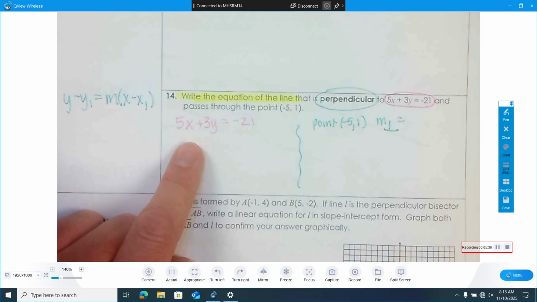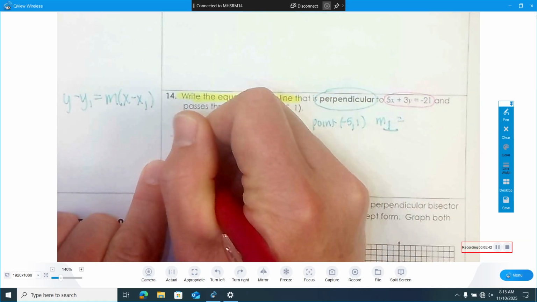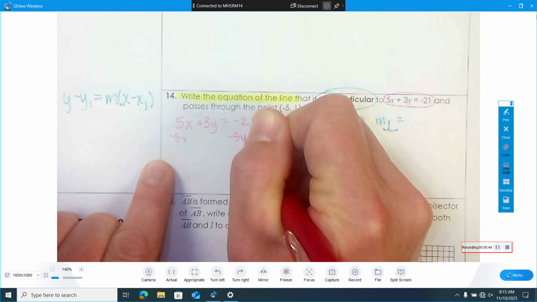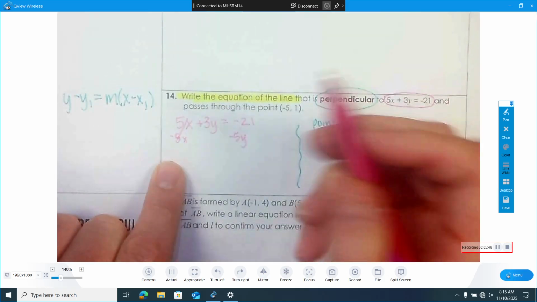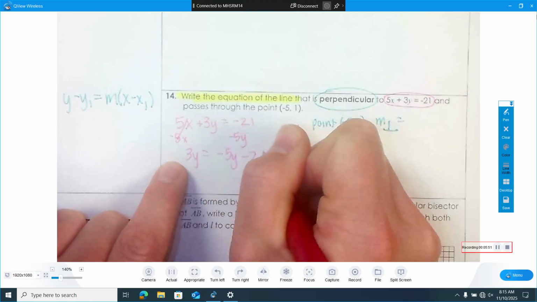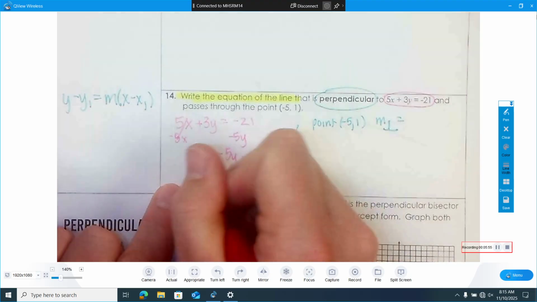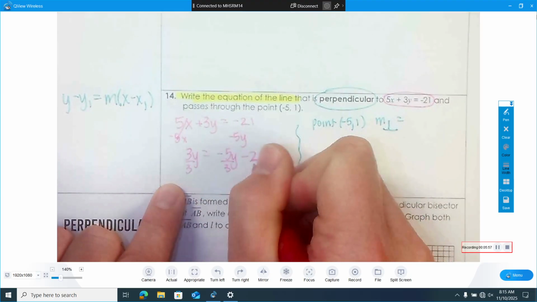Can you explain a little more about that? So you would subtract the 5x. Okay, so you are writing it in slope-intercept form, solving for y. So I get 3y equals negative 5x minus 21, and then divide by 3. Sure, we need it in a form that we can recognize.